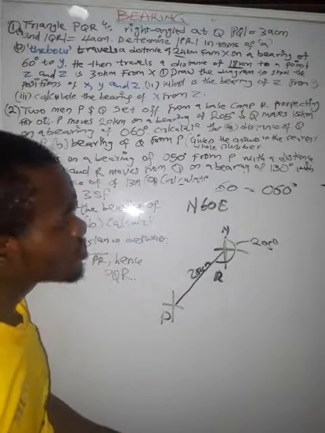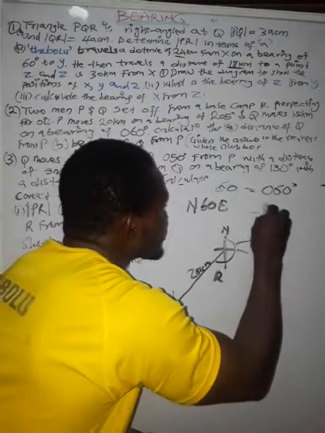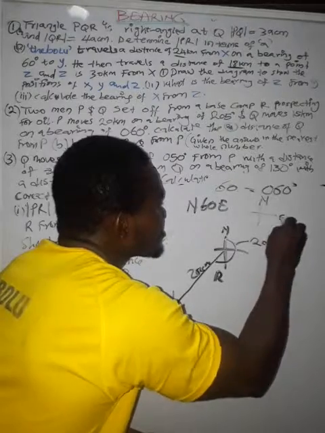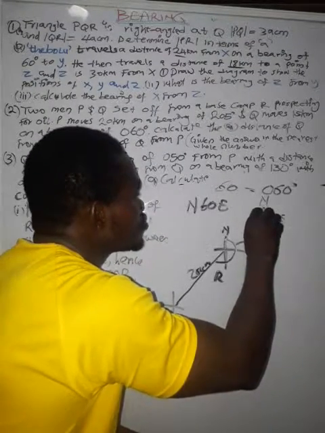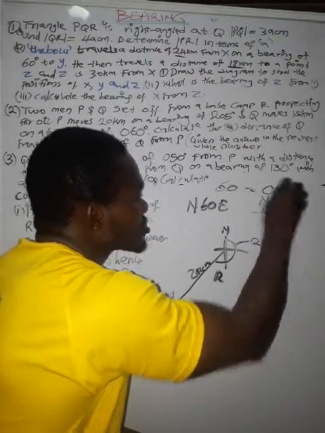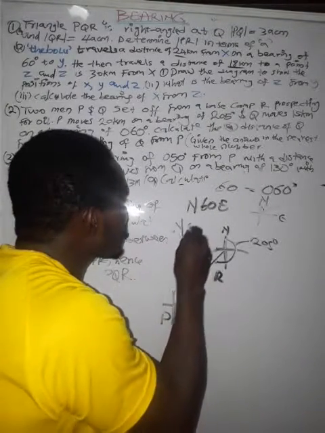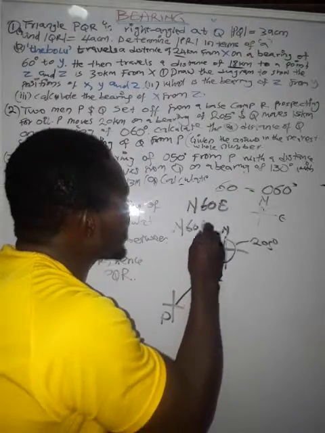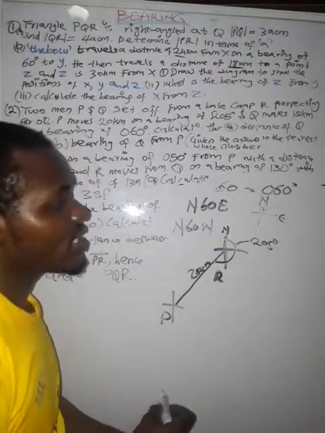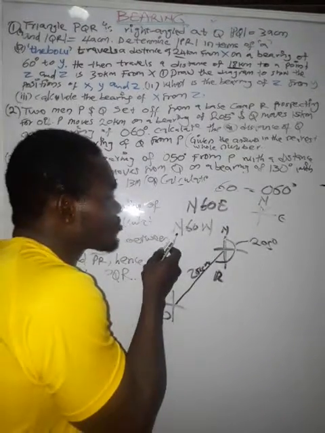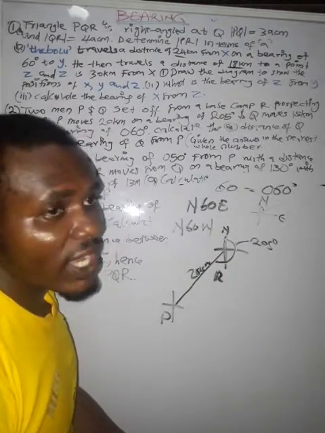There are four cardinal points, north and east. You start from north, move towards east, and work 60 degrees. You can also say north 60 west. If you are to draw it, you start from north and go toward west. Where is west?